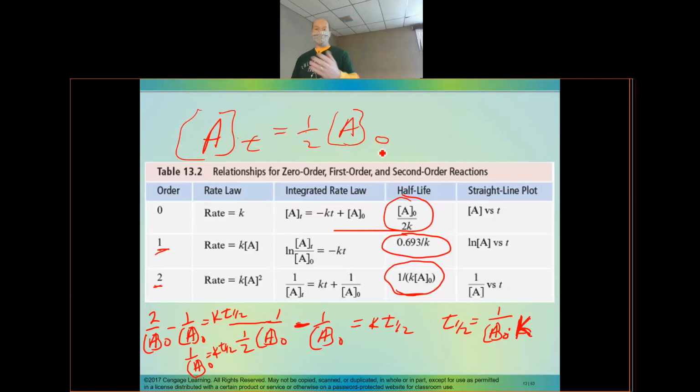All you're doing is putting that in, solving for it, and then you have your half-life. Now, the second order does depend on your initial concentration of A, so it's 1 over K times the initial concentration of A. Same for zero order. It depends on your initial concentration of A. First order does not depend on your initial concentration of A. You do not need an initial concentration of A to find the half-life for a first order reaction.